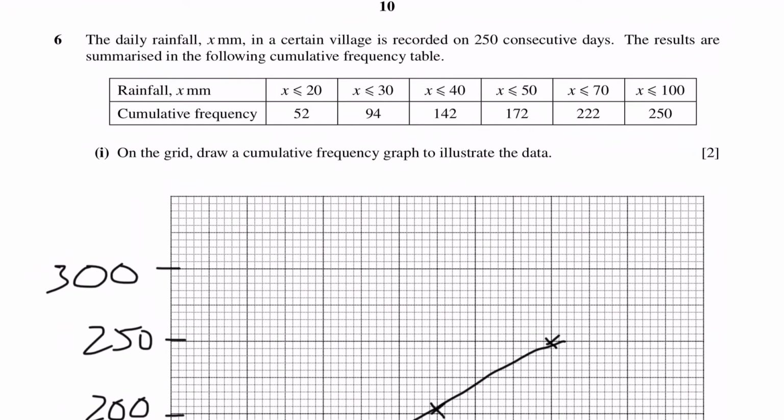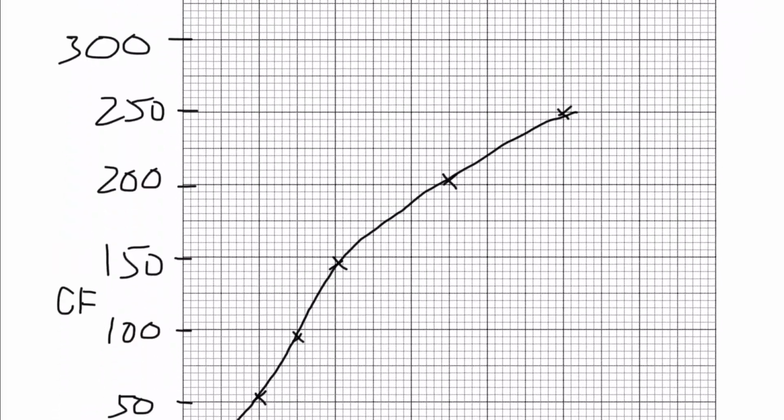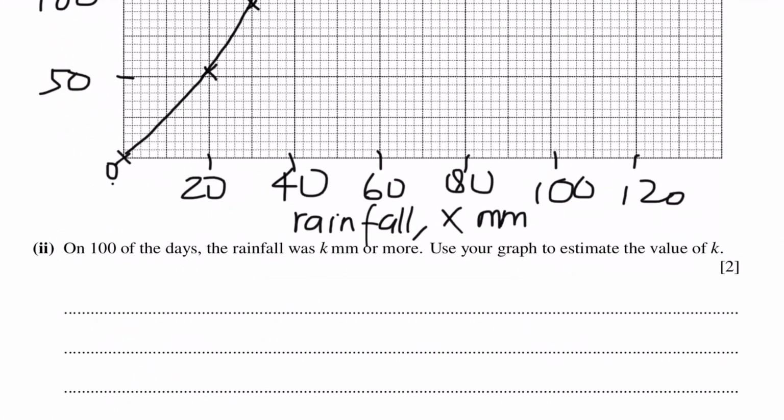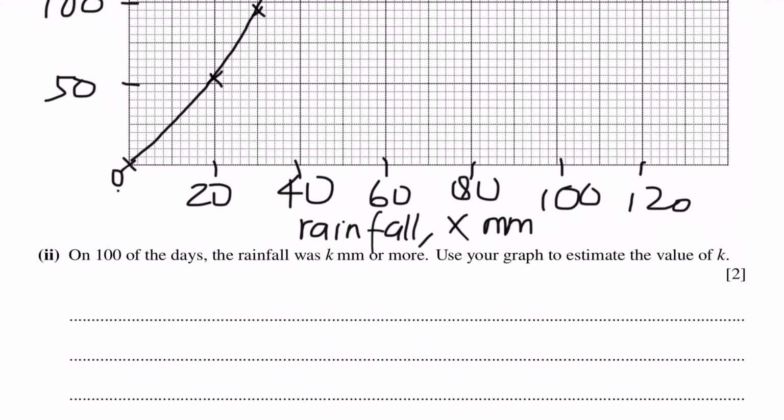For number 6, I have drawn the cumulative frequency graph, because you just plot the points that you see on the table to the grid. So on 100 of the days, the rainfall was K millimeters or more. Use your graph to estimate the value of K. So it's or more.